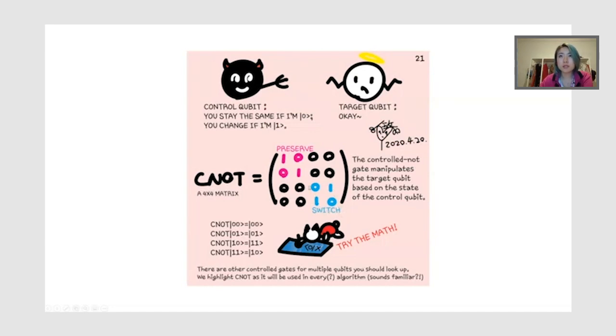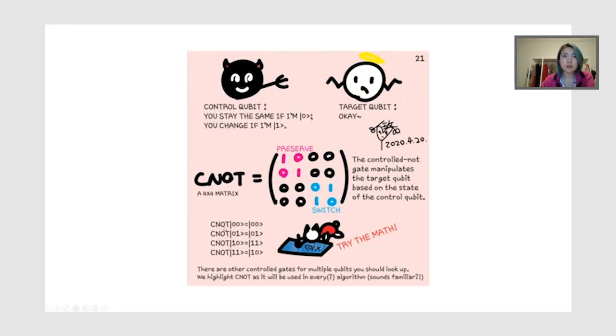And what it does is really switching your vector. The 2 by 2 identity with the two ones here in the first quadrant is telling us it is preserving the first qubit. But then when you apply it to the second qubit, it depends on your first qubit what to do with it.